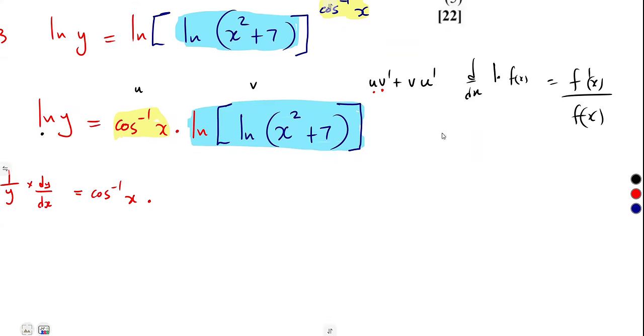Over f of x. So in this case, our f of x is this part here, because we're talking about the outer term, the ln, which is on the outer. So you're going to consider the outer, then the inner one. So the outer is going to be f prime over f of x, where the inner here is the ln of x squared plus 7.